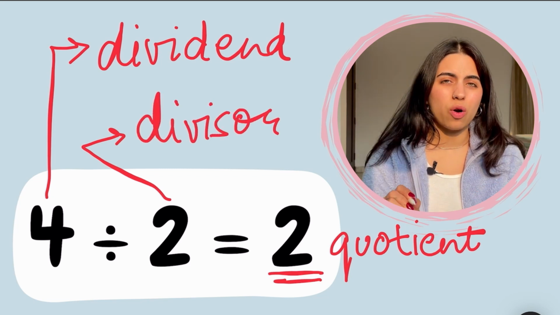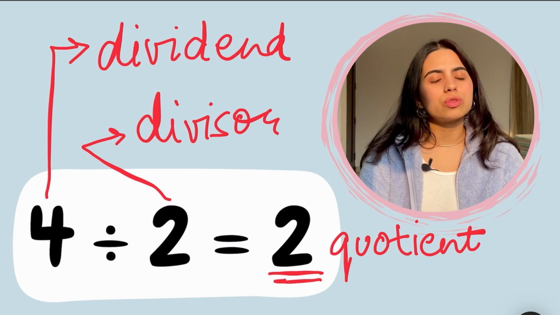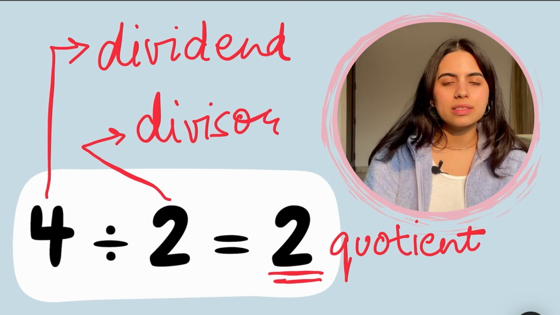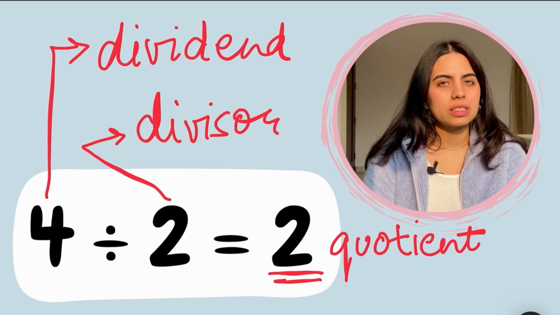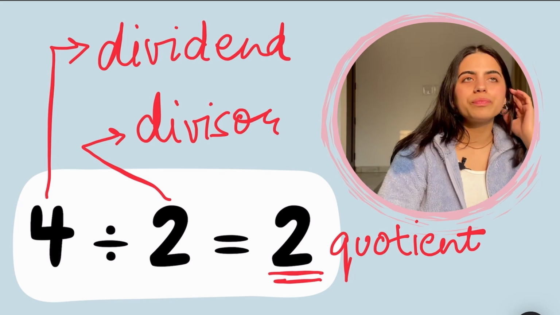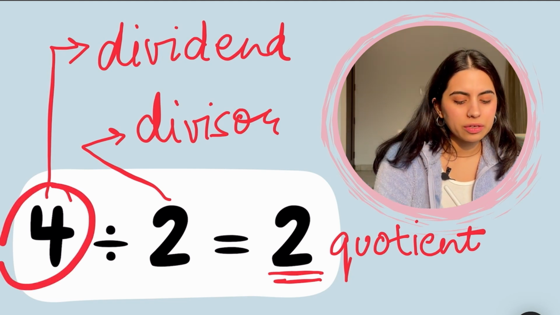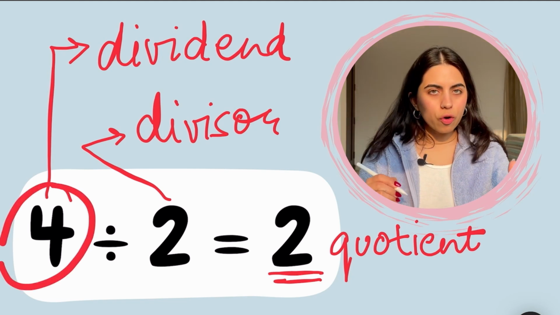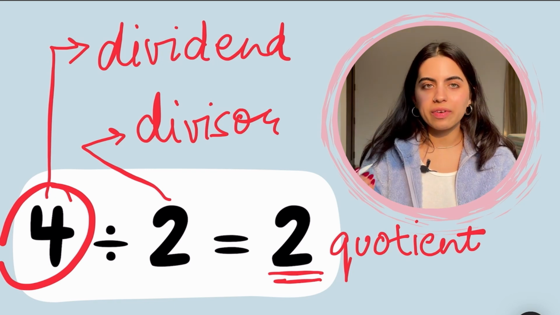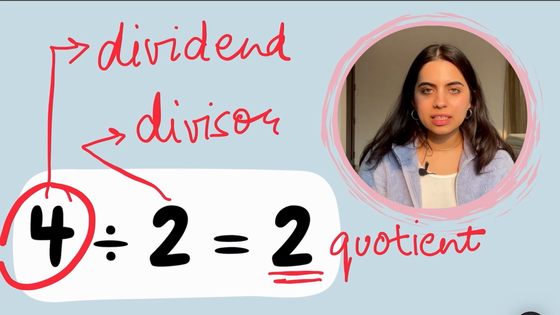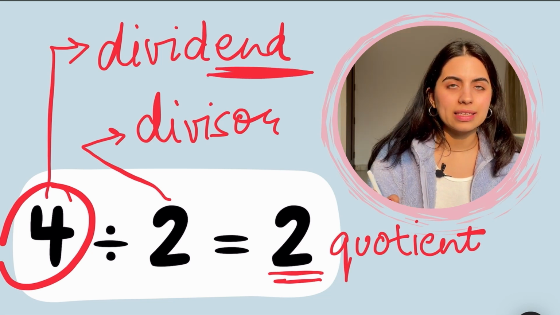Now to be very honest with you, when I was in school, I always used to get confused between divisor and dividend. So I created my own funny, silly way of remembering it. What I did is the number that is being divided here, which is 4. So 4 is the number that we have to end, right? We are dividing it. So we are ending the number 4. So that is why it's called dividend.